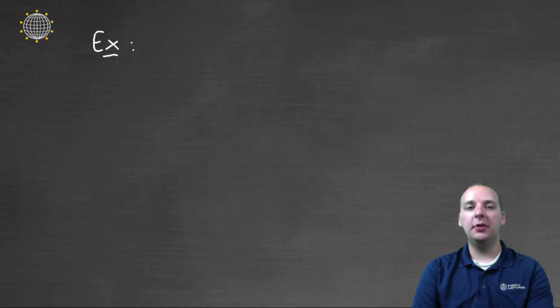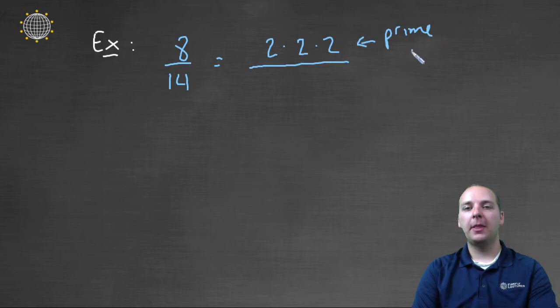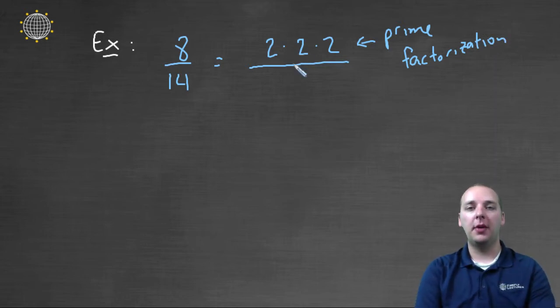So let's try a few examples here. Let's say we had 8 divided by 14, and we'd like to simplify this. So we're going to factor each of these completely. 8 can be factored as 2 times 4, but 4 can be factored as 2 times 2. So this is what we call its prime factorization. I factored it completely apart to where all I have are prime factors.